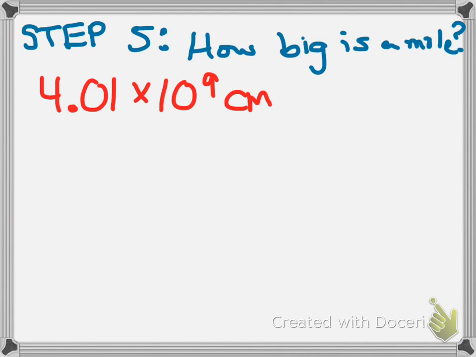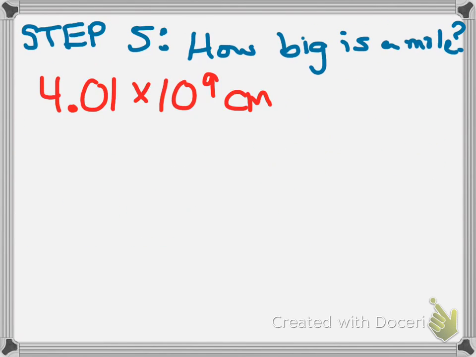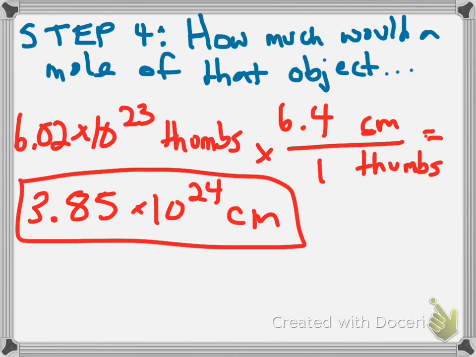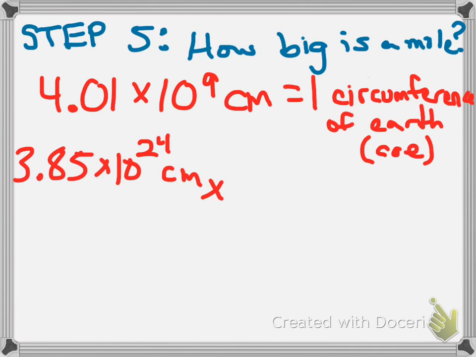So I want to know how many times my mole of thumbs could wrap around the circumference of the Earth. So I have 3.85 times 10 to the 24th centimeters, and 4.01 times 10 to the 9th centimeters is equal to 1 circumference of the Earth, and I'm going to abbreviate that COE, circumference of Earth.